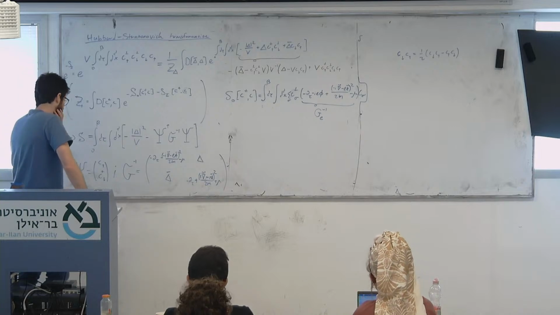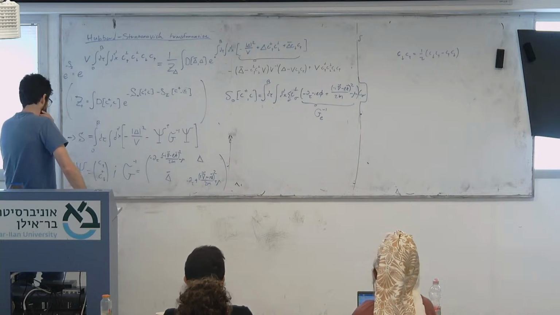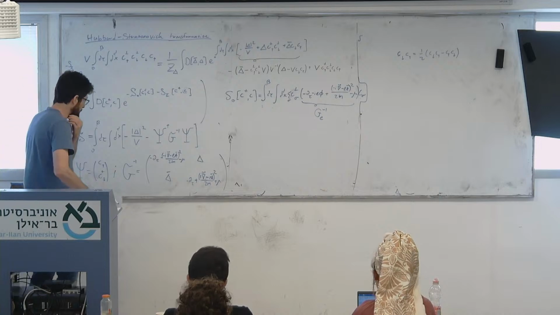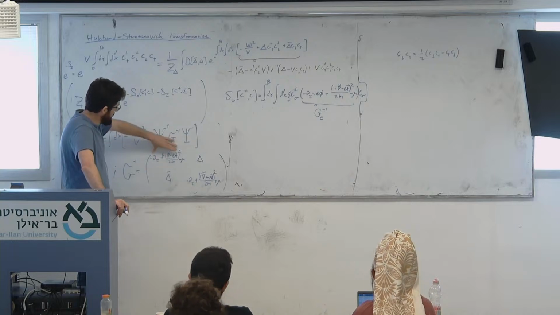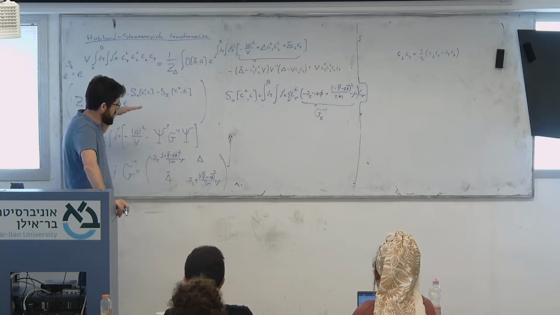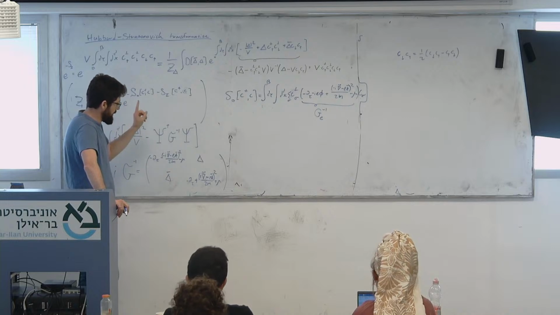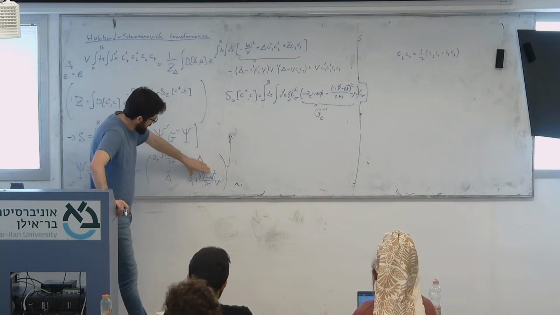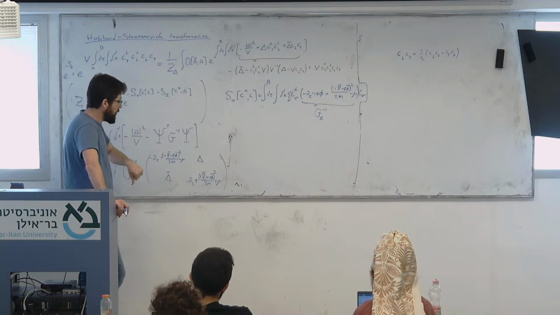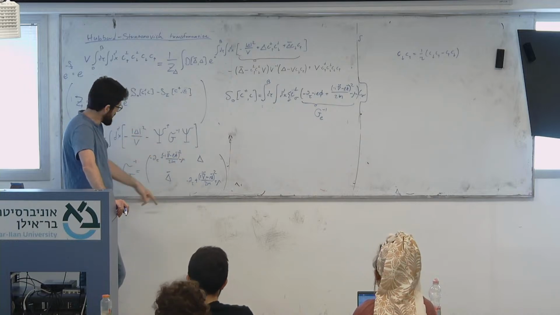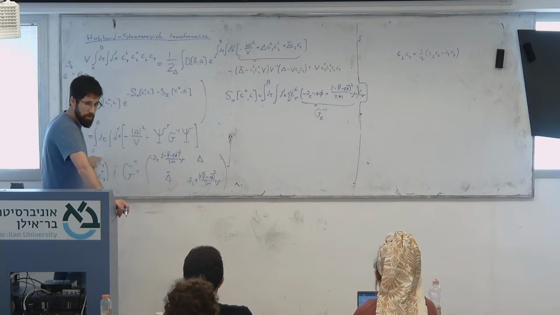So what you see here is that this part is the inverse Green's function of the electrons with spin up. This part is the inverse Green's function of actually the holes with spin down, because of this structure that you see.